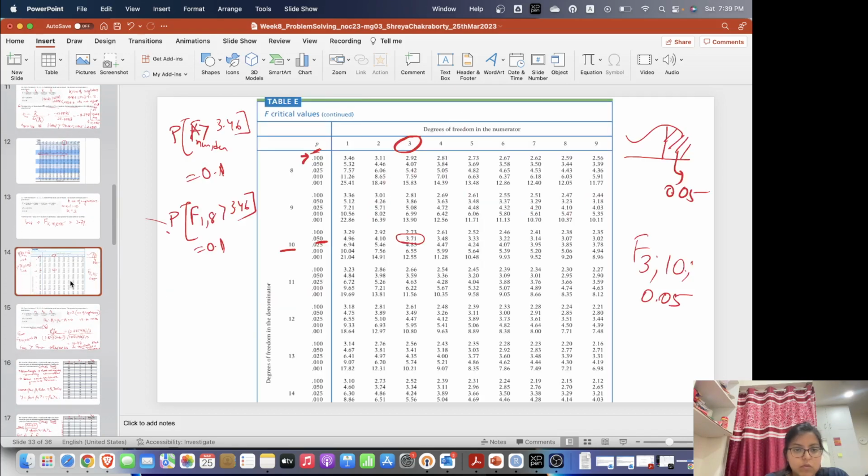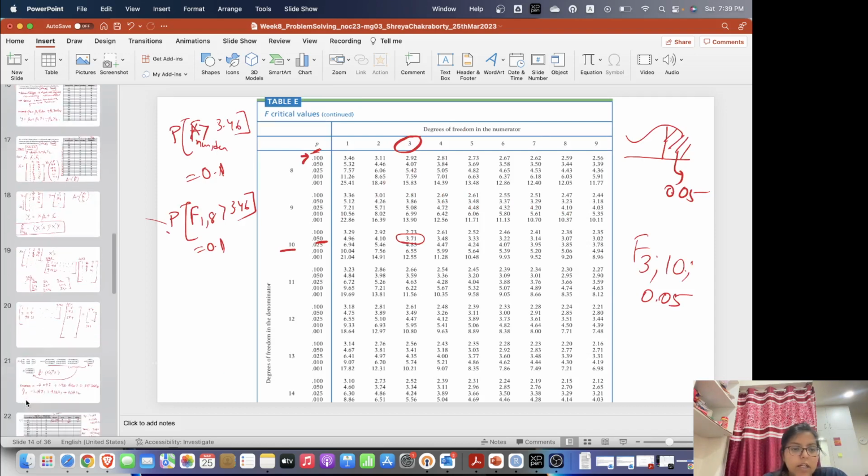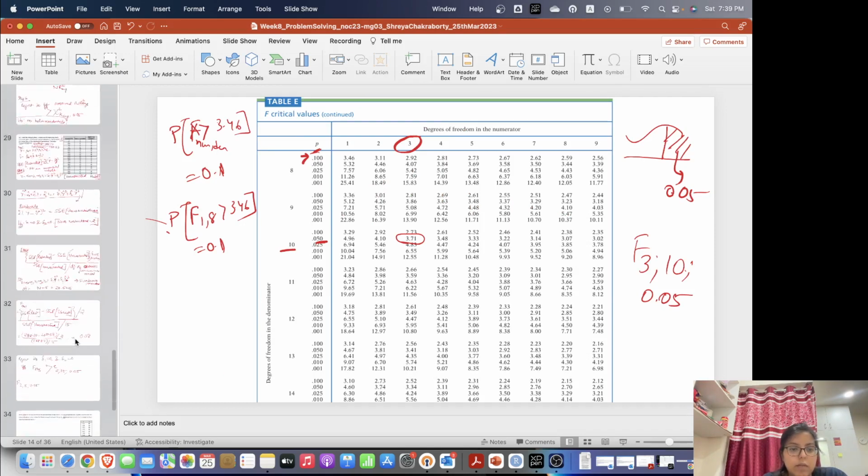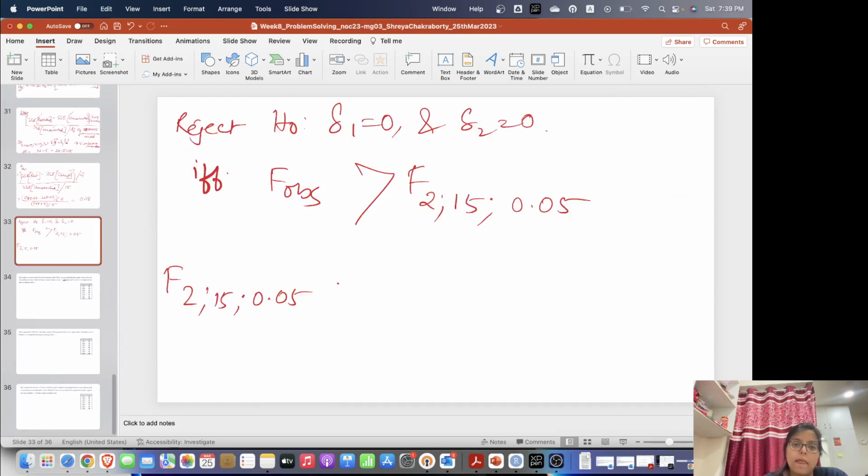I don't have the table here, but this value is something close to 3.68, and our F observed came out to be 0.38.